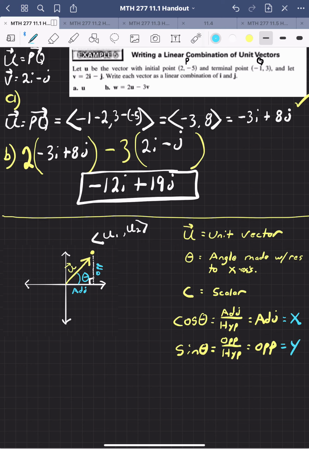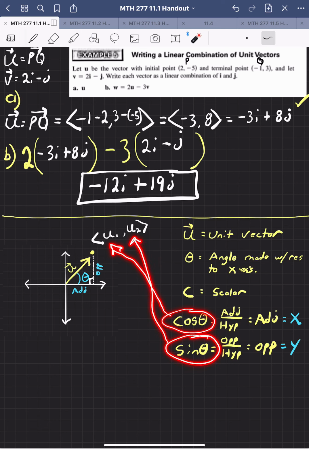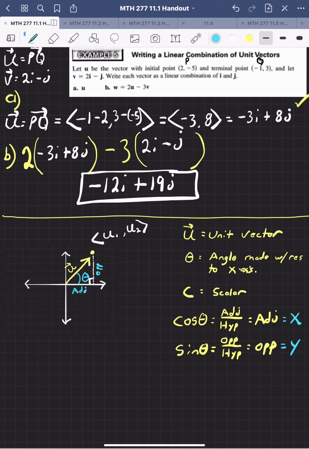So with all of this baby trigonometry, I can simply insert cosine for the u sub 1 component and insert sine for the u sub 2 component. So now vector u is going to be equal to cosine of theta, comma, sine of theta.